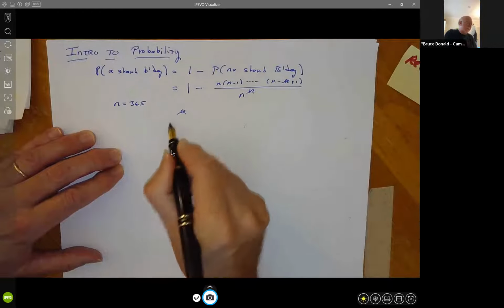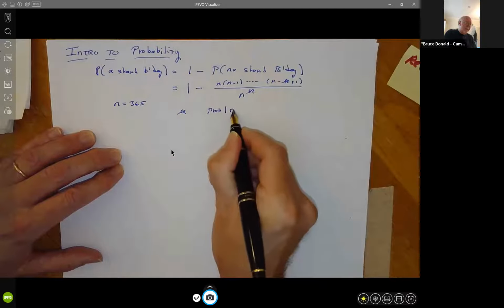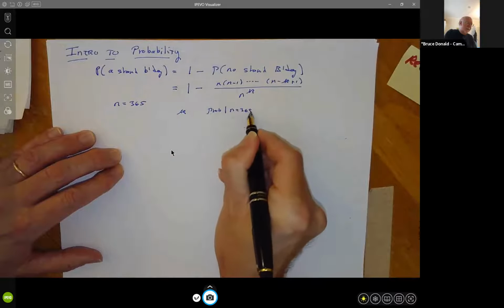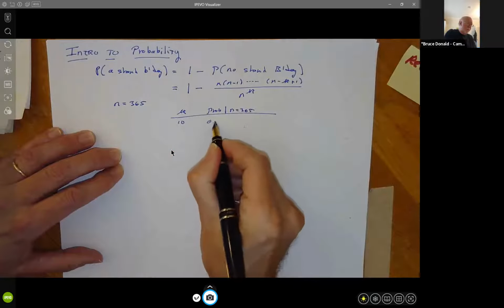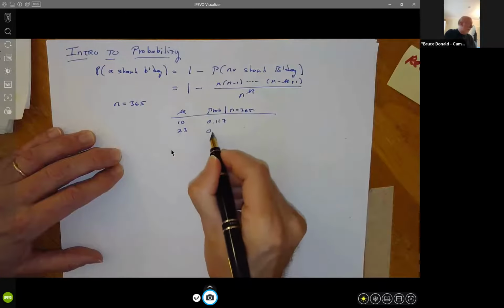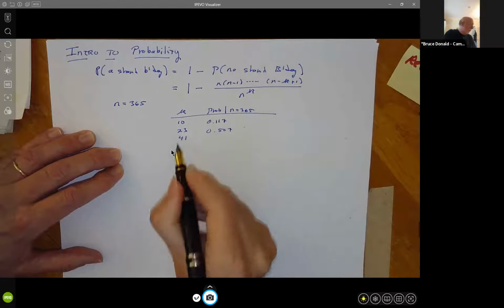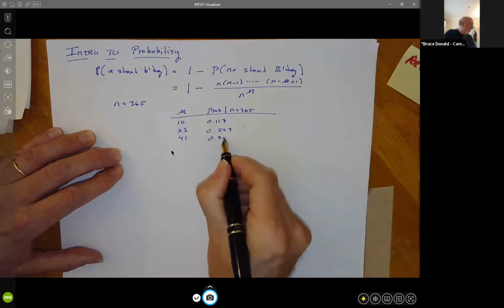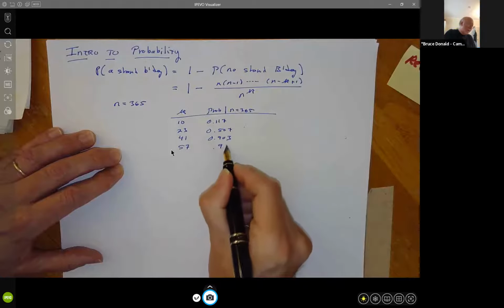If we write down a table with k here and the probability given that n equals 365, we can write this out. For 10 people, it's about 0.117. For 23, it crosses the threshold of chance, 0.507. For 41, it turns out to be 0.903. For 57, it turns out to be 0.9901.